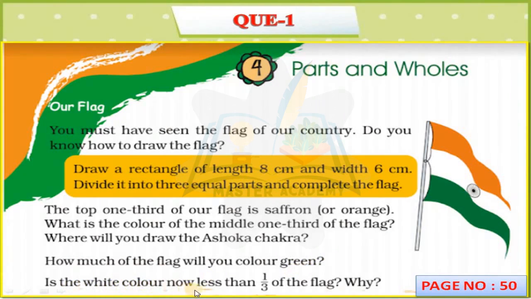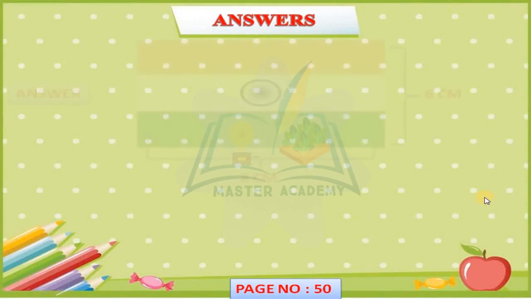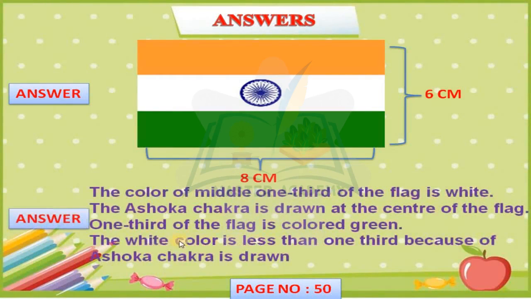Is the white color less than 1/3 of the flag? Why? The white color in the middle of our national flag, is it less than 1/3 or not? Yes, beta. So the answer is: the white color is less than 1/3 because the Ashoka Chakra is drawn.